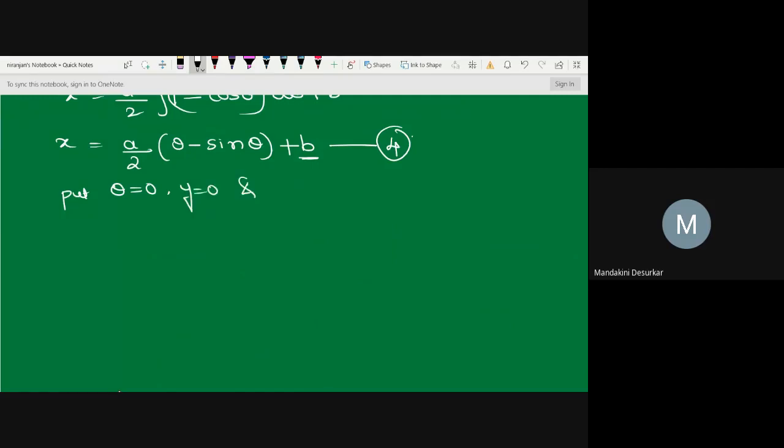If theta and y both are 0, we'll have x also 0, since 0, 0 is a point on the curve, sir.